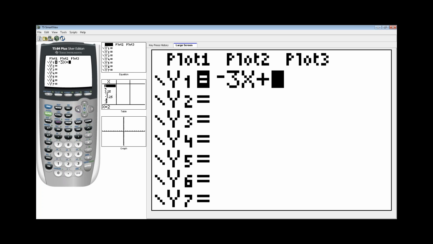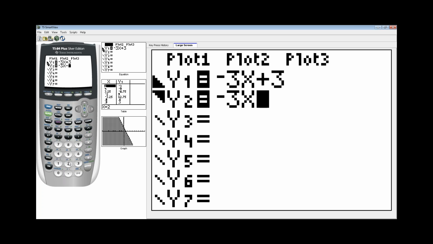So I'm going to set that up to where it's less than, so I want to choose the bottom corner. There we go. And now for the next one, it's y is greater than, so let me set that inequality up: negative 3x minus 1. Okay, so those are our inequalities. And now we're going to graph it.